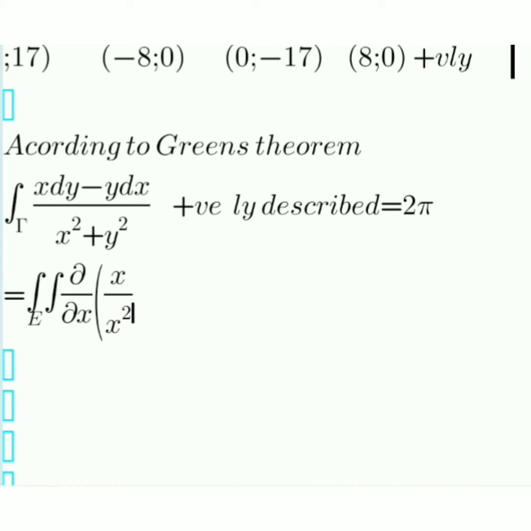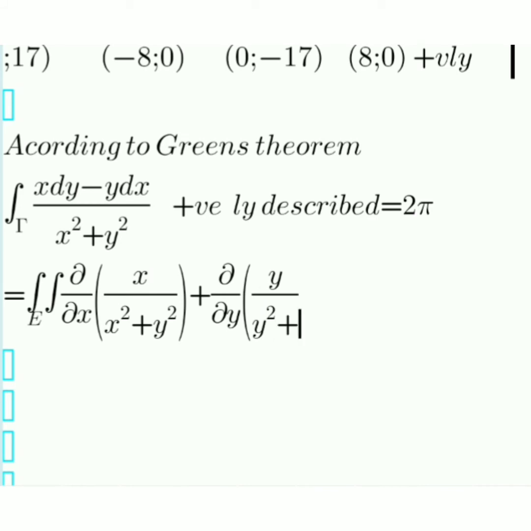Okay. I will show that plus y square, gamma, and plus del y, and it can be written y divided by y square plus x square according to Green's theorem.